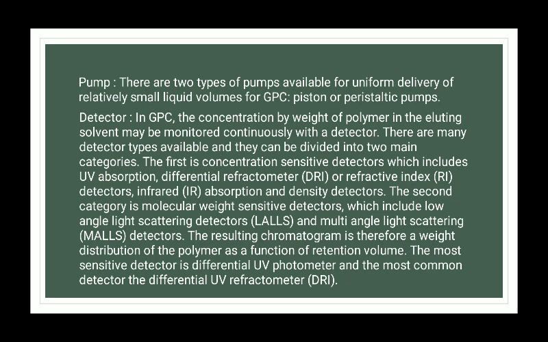The second category is molecular weight sensitive detectors, which include low angle light scattering detector and multi angle light scattering detector. The resulting chromatogram is therefore a weight distribution of the polymer as a function of retention volume. The most sensitive detector is the differential UV photometer, and the most common detector is the differential refractometer.